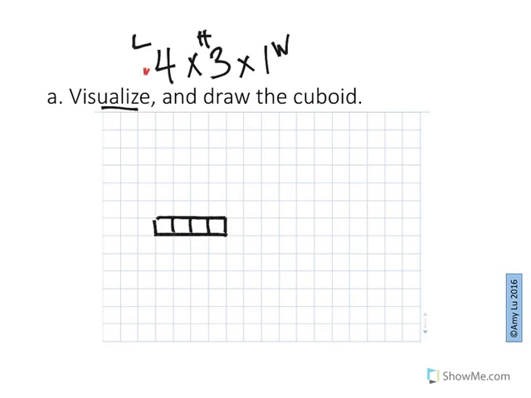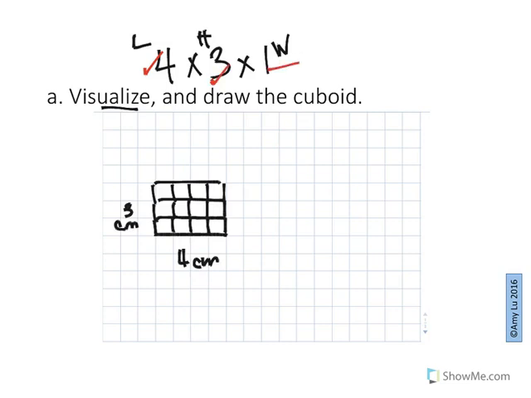Okay, so that's the length of it. Now the height means I need, it's times 3, so that means I need 3 rows of this. So here's another row of 4 cubes, and here's one more row of 4 cubes. So now my length is 4 centimeters, and my height is 3 centimeters. Okay, so I've met the 2 objectives, but I still have one more.